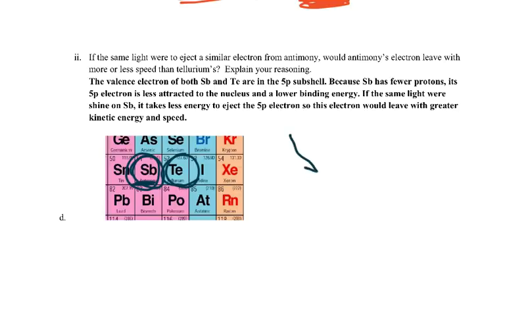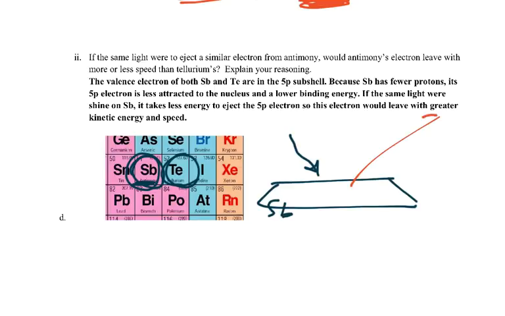So if you put the same amount of energy into antimony as you do into tellurium, then when that electron leaves, it's going to leave with more leftover energy since the binding energy is less. So it's going to leave with a greater speed, more speed than tellurium.